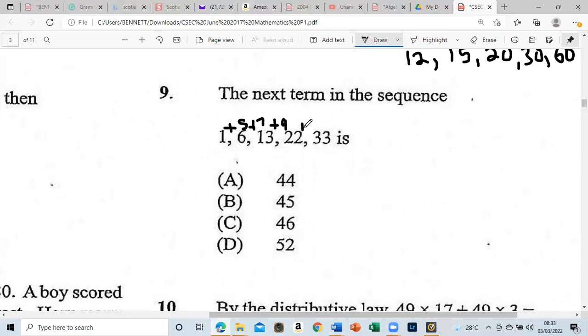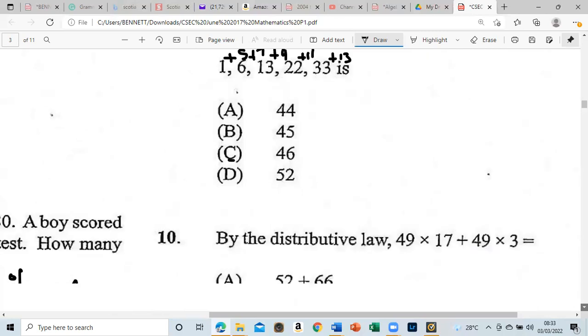Then they added 11. So I guess you have to add 13 to follow the pattern. That would be 46 for our answer. So number 9 is 46.